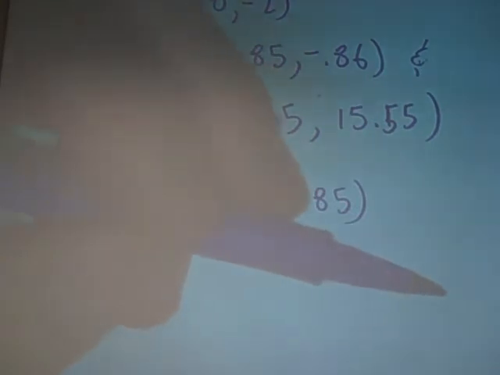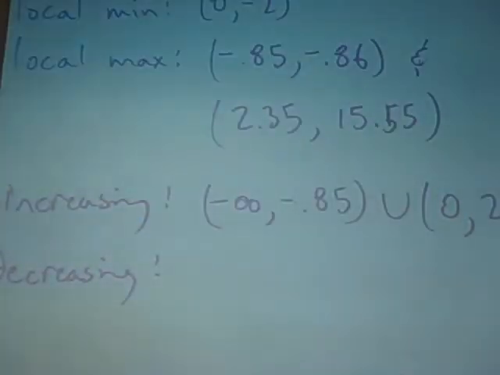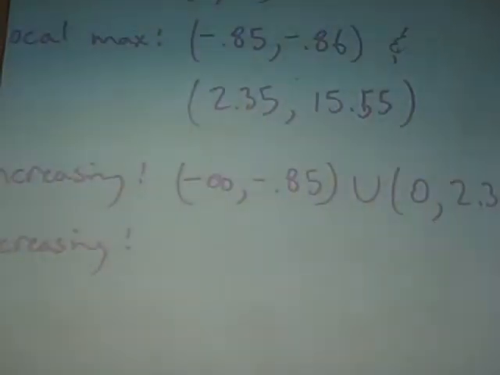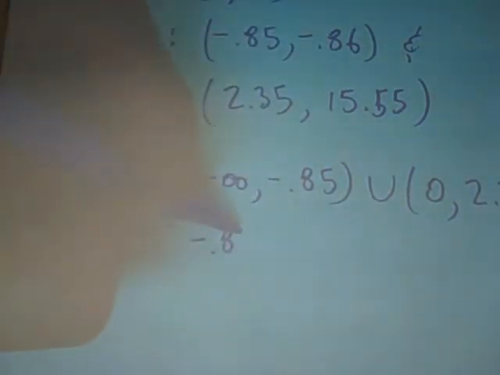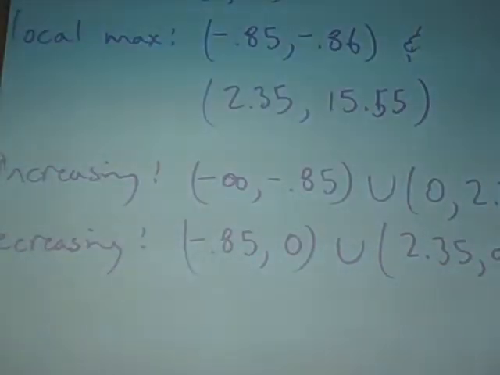And then from 0 up to 2.35. So that's where the function's increasing. And decreasing is in the other spot. So negative 0.85 up to 0, union 2.35 to infinity. So that would be the answer there.